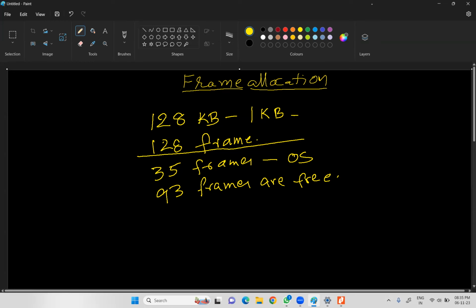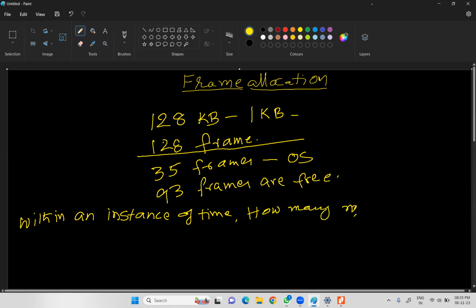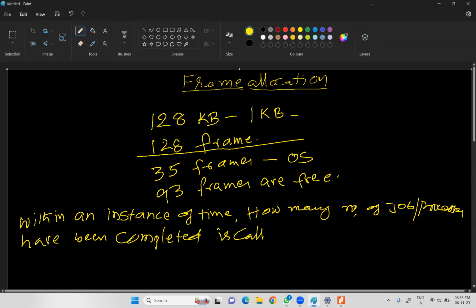Within an instance of time, the number of jobs or processes completed is called throughput, of a CPU or microprocessor.